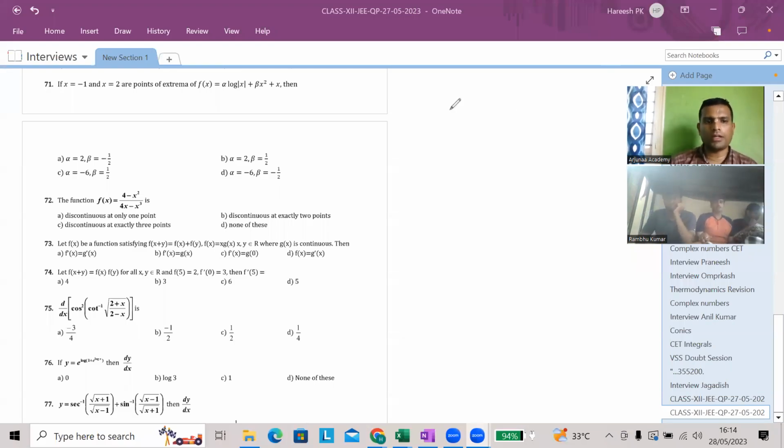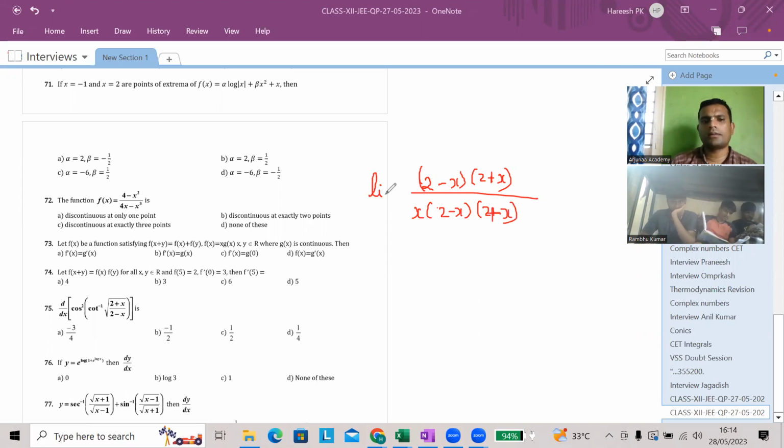Okay, so 4 minus x square can be written as 2 minus x times 2 plus x.